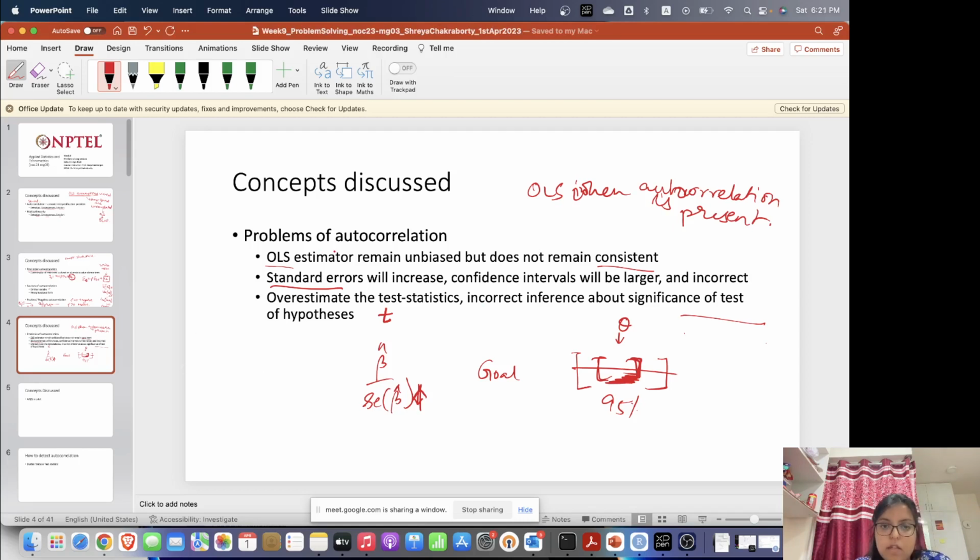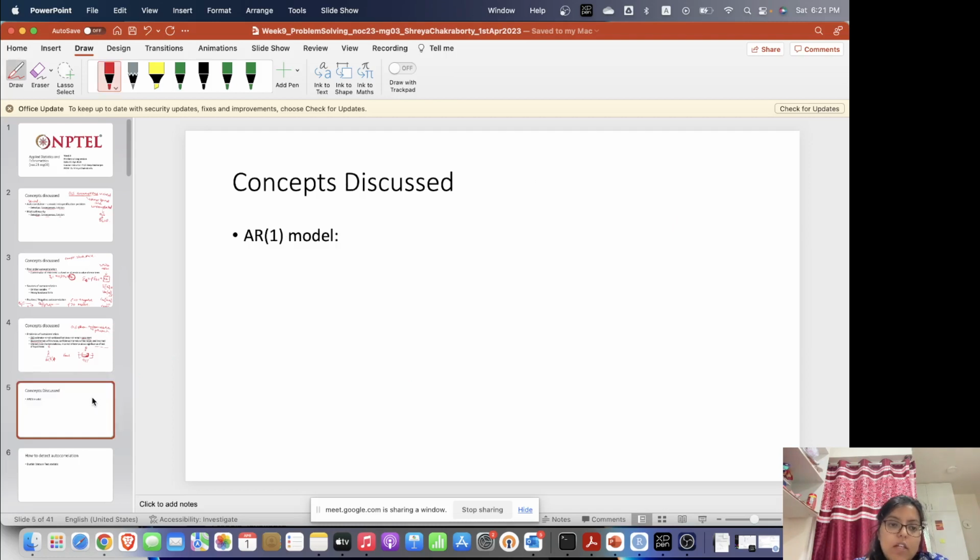This is why we need to first detect, and then, because of the grave consequences of using OLS in the presence of autocorrelation, we should somehow correct it and then proceed to our analysis. In that context, we also discussed the AR1 process.